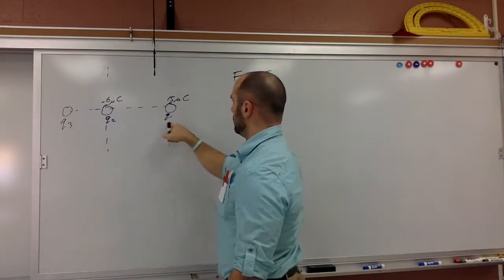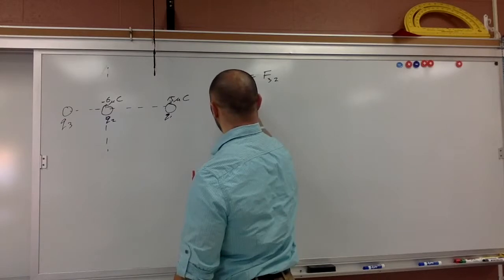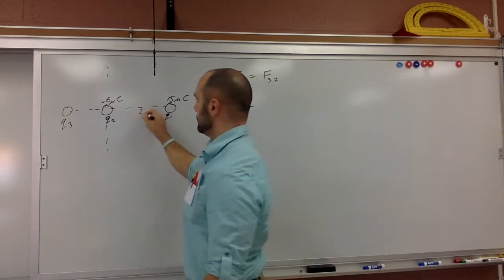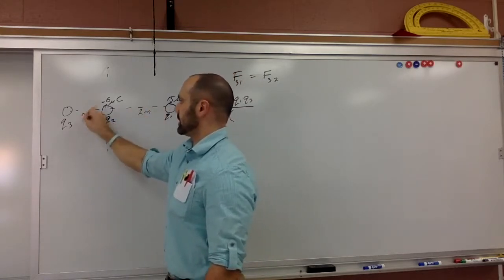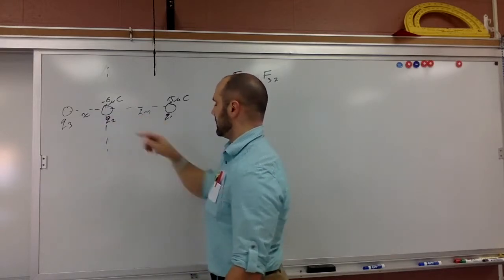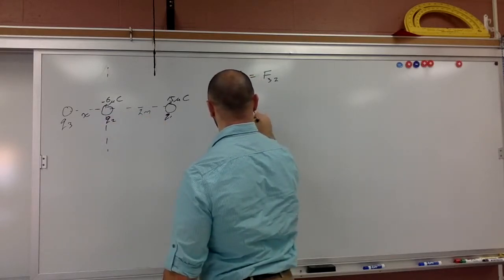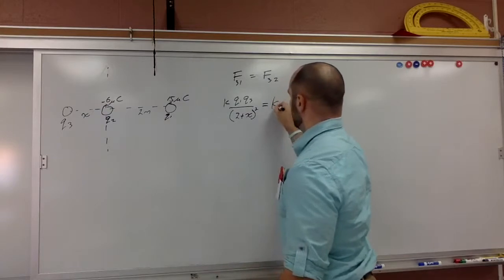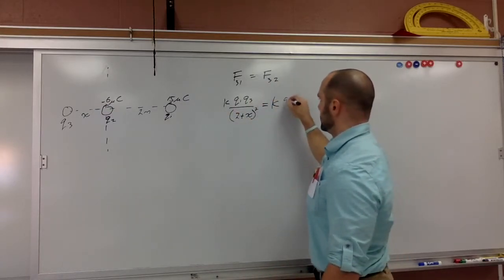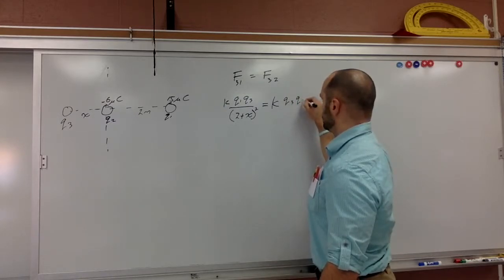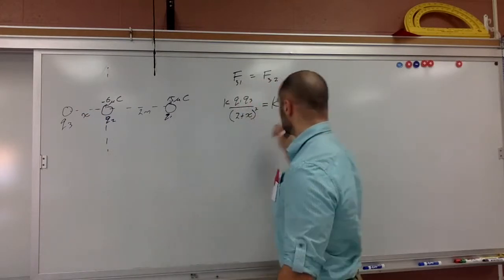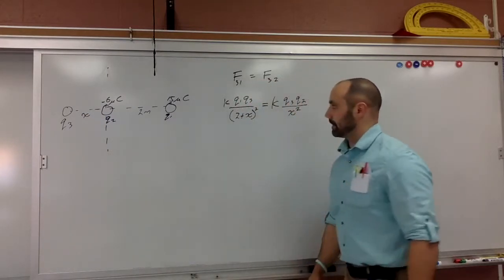The force on 3 by 1 is K Q1 Q3 over, and now what's the distance? This is 2 meters here, and this is our distance x, which we don't know. So the distance from 3 to 1 is 2 plus x. And then the force on 3 by 2 is K Q3 times Q2 over. Now the distance between these is just x. So that's x squared.